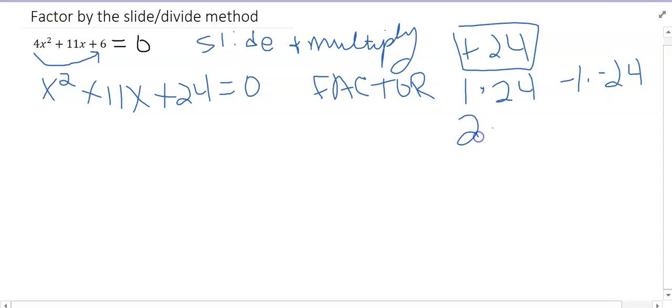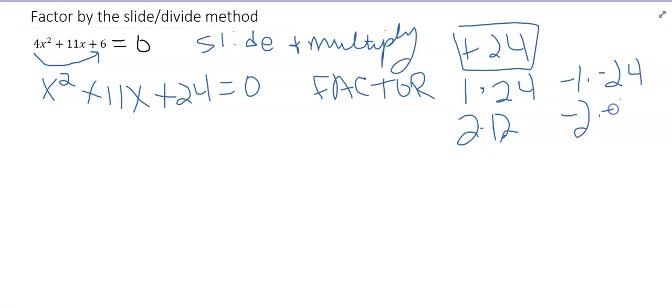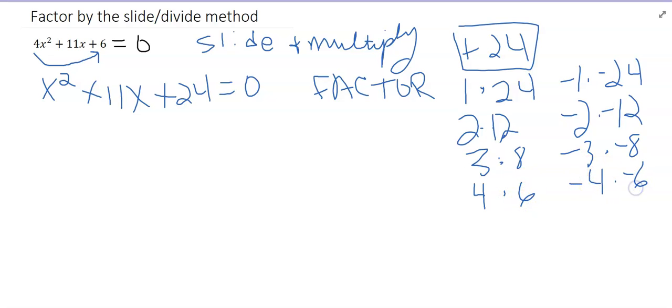I have 2 times 12, or negative 2 times negative 12. I have 3 times 8, or negative 3 times negative 8. Or there's possibly 4 times 6, negative 4 times negative 6. There are no other possible factors of 24.